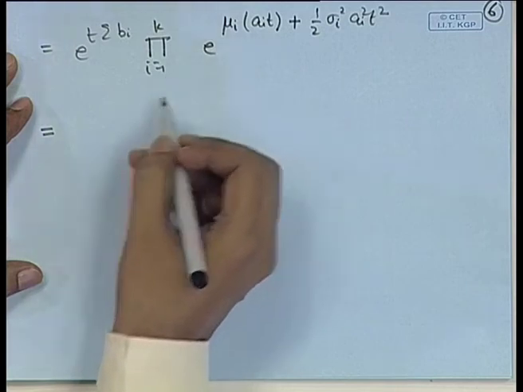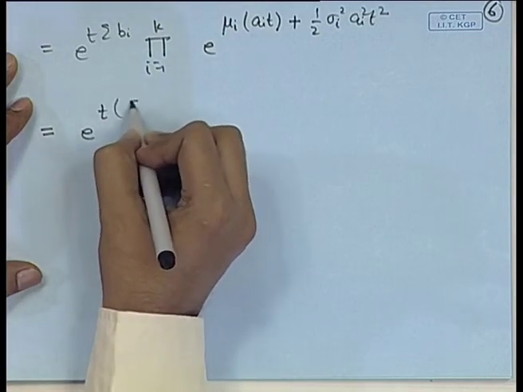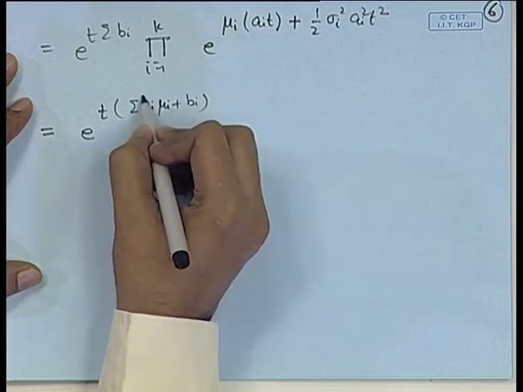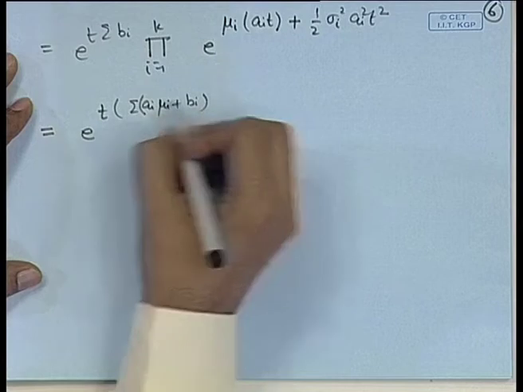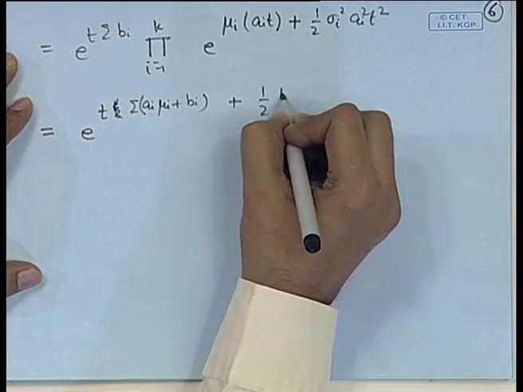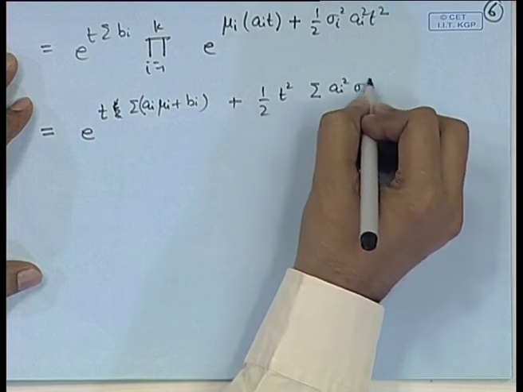So, after adjusting the terms we get e to the power t sigma (a_i mu_i plus b_i) plus half t square sigma a_i square sigma_i square.